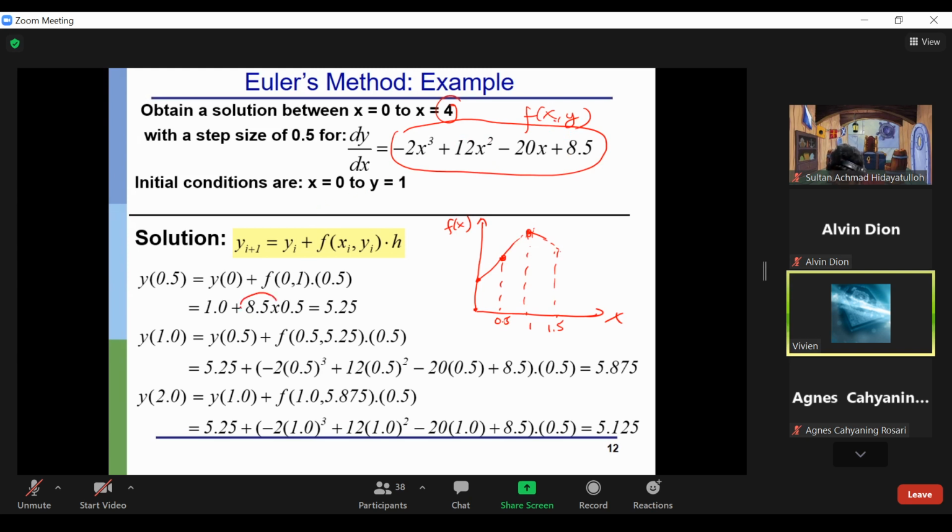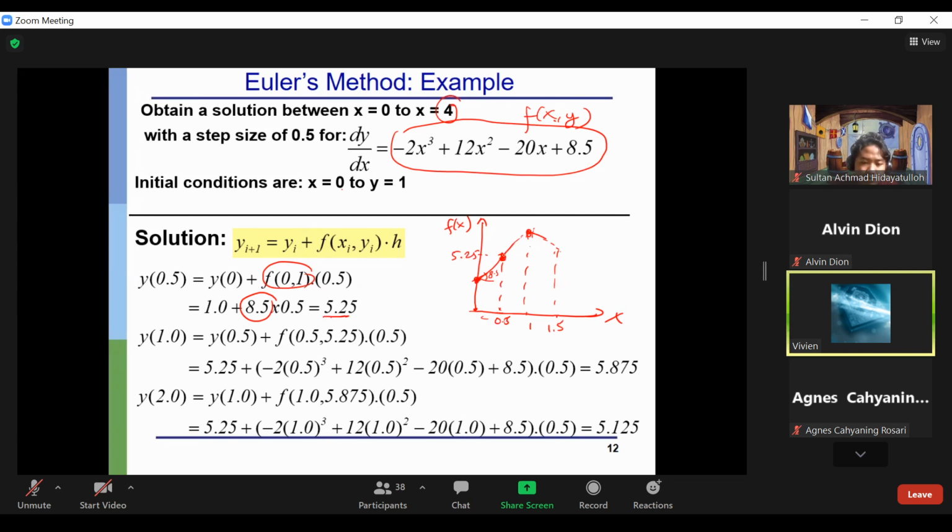So f(0, 1), at x equals 0 and y equals 1, when we insert this in the equation, it's only the x value, so that will be 8.5. So at this point, the slope is 8.5. We multiply by the interval, which is 0.5, and the value here will be 5.25.